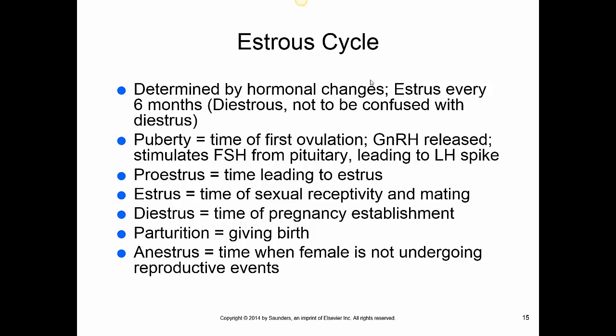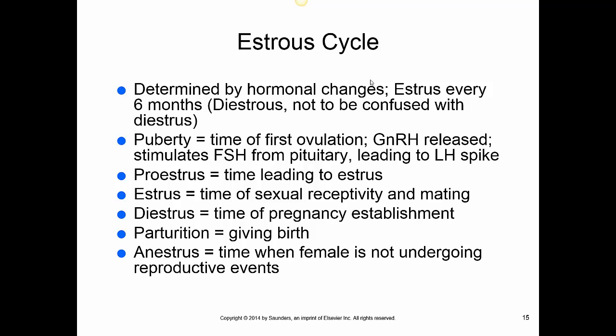We can also get false pregnancies a lot of times during diestrus in dogs, because it really doesn't matter if they're actually pregnant or not. The body automatically assumes that they're pregnant during diestrus. So diestrus is a time that we watch anytime female dogs come into heat. We want to make sure that we watch for signs of pyometra if she did not get bred.